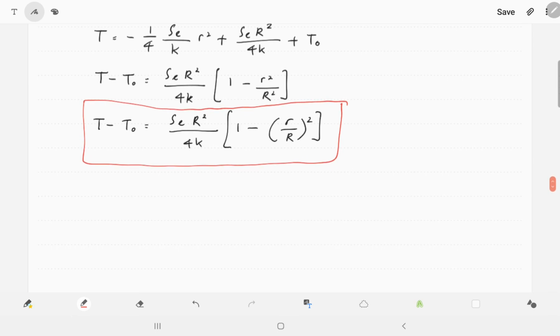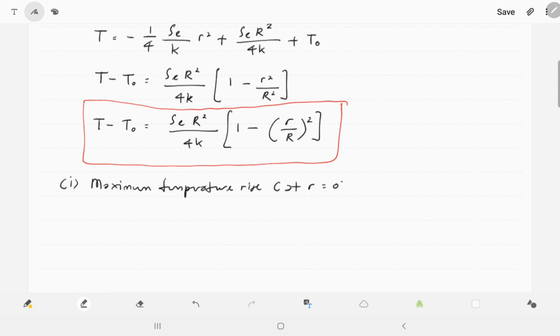Okay, from this we can derive the quantities of interest. For example, what is the maximum temperature? The maximum temperature in here can also be defined as the maximum temperature rise.